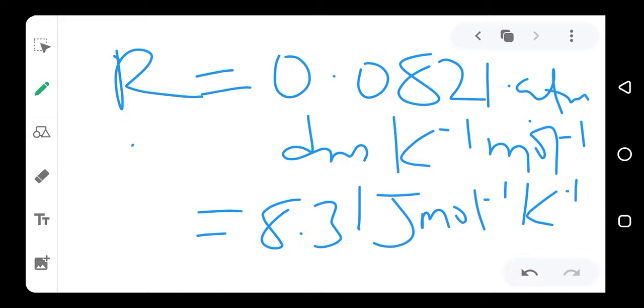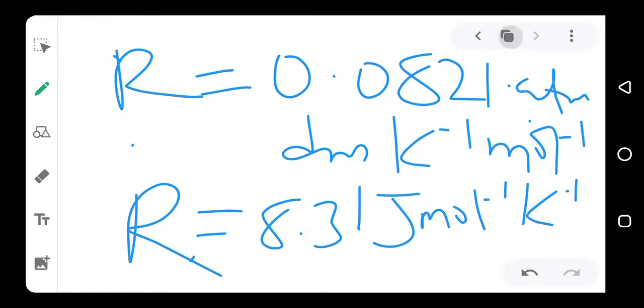So if the pressure is not given in ATM, then we have to use this value for R, 8.31 joule per mole per Kelvin, or they can tell us exactly which one we are going to use in the calculations.